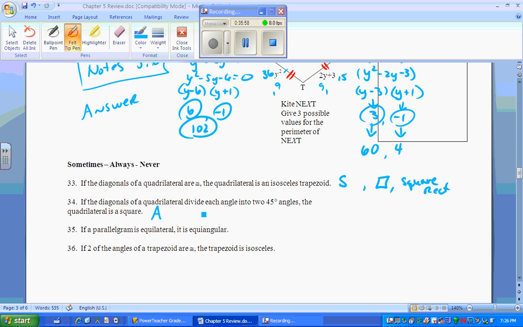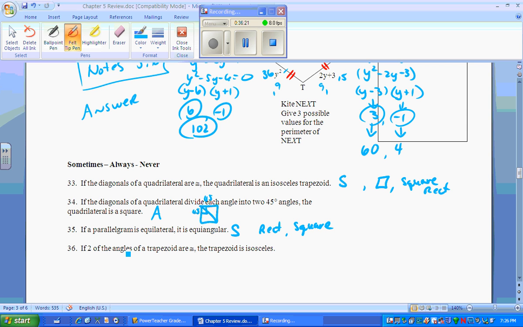That is an always, because that means the diagonals end up being bisected, and 45 and 45 are each one of them, and that only happens in the square. If a parallelogram is equilateral, it is equiangular. That is sometimes, because you know that that only happens in the rectangle or the square.